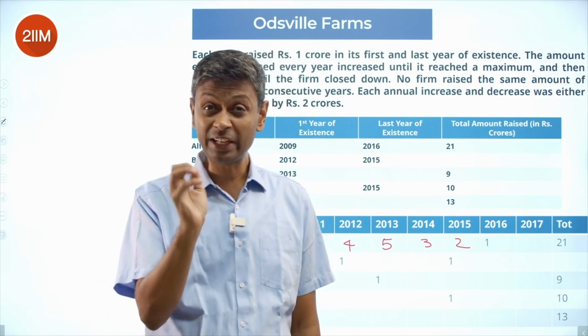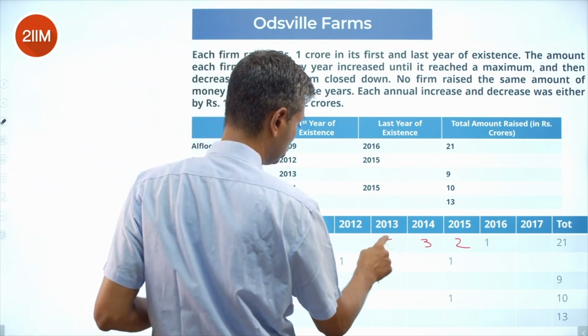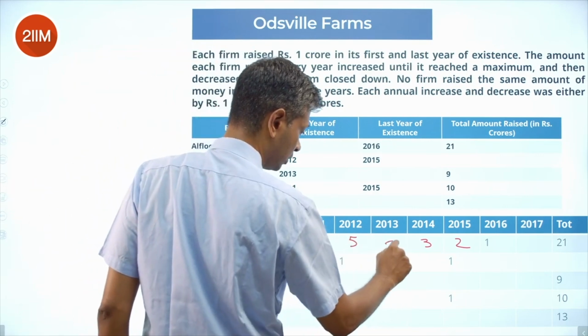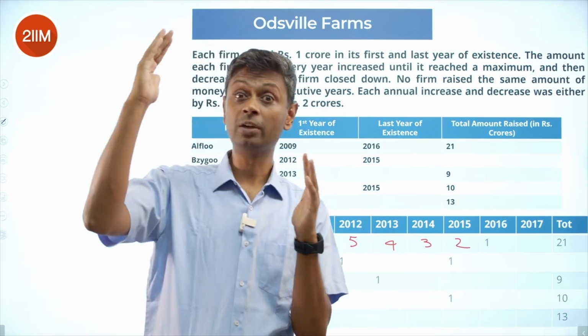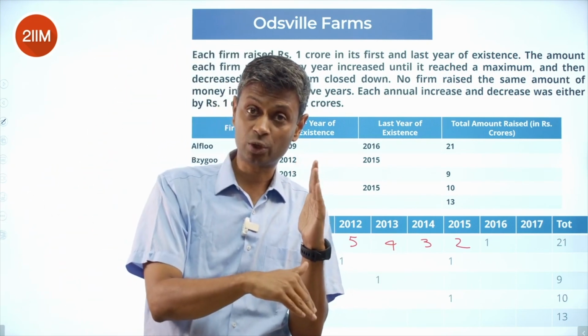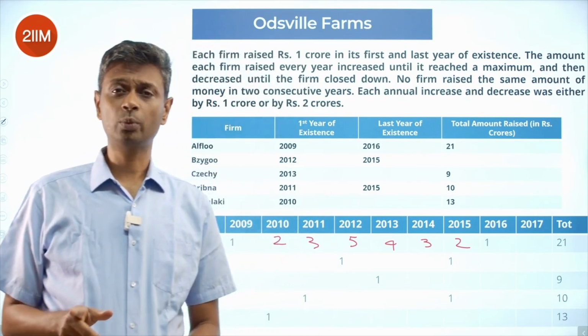The only variant of this that we can think about is, hey, nice, this is 1, 2, 3, 4, 5, 3, 2, 1 or 1, 2, 3, 5, 4, 3, 2, 1. The mirror image, because it can go up. It has to reach a peak, always plus 1 or plus 2. It has to come down, always minus 1 or minus 2. If 1, 2, 3, 4, 5, 3, 2, 1 works, 1, 2, 3, 5, 4, 3, 2, 1 will also work.